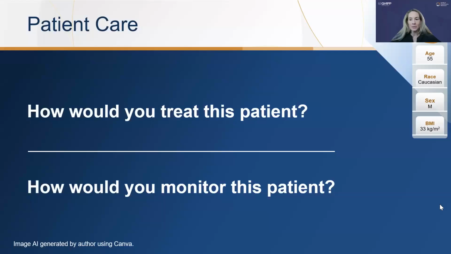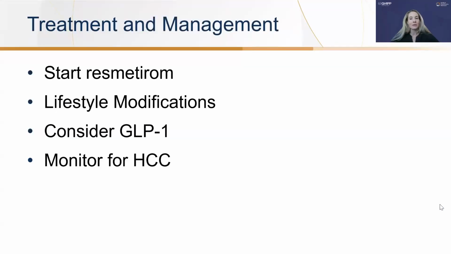Okay, so let's talk about how we would treat this patient and how we would monitor him. So first of all, this patient would be a candidate for Resmetirom. So Resmetirom, or the brand name is Rezdiffra, is a liver-targeted thyroid hormone beta agonist that has been shown in clinical trials to be very effective in improving steatohepatitis and improving fibrosis.